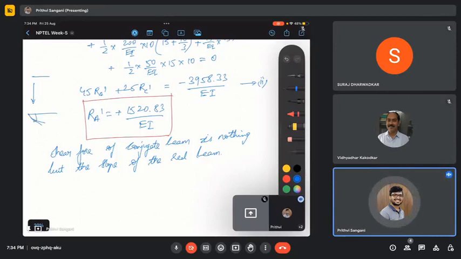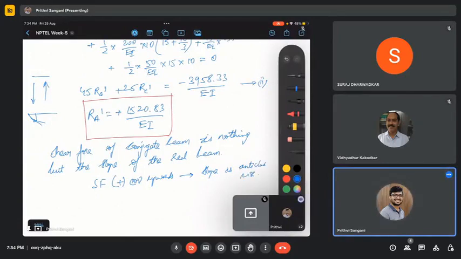If shear force is upwards, right? Shear force positive, so positive or upwards, so the slope is anti-clockwise.